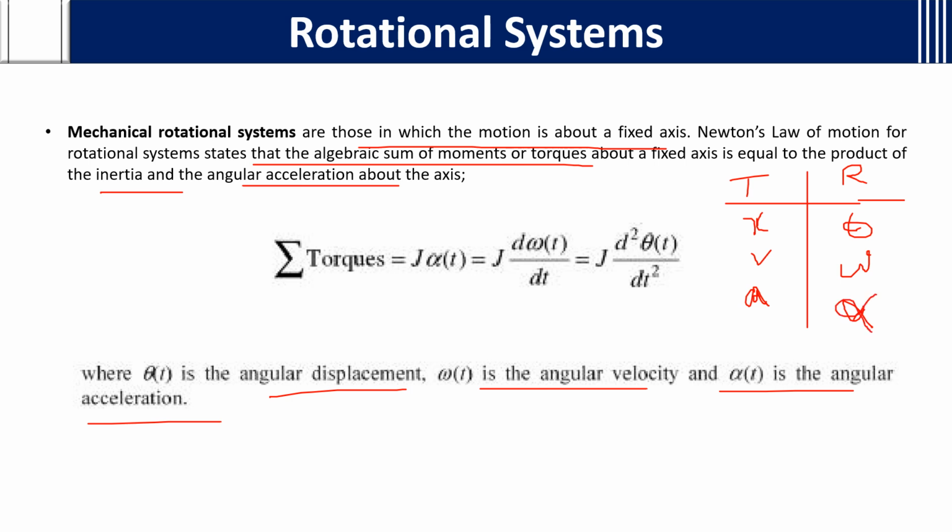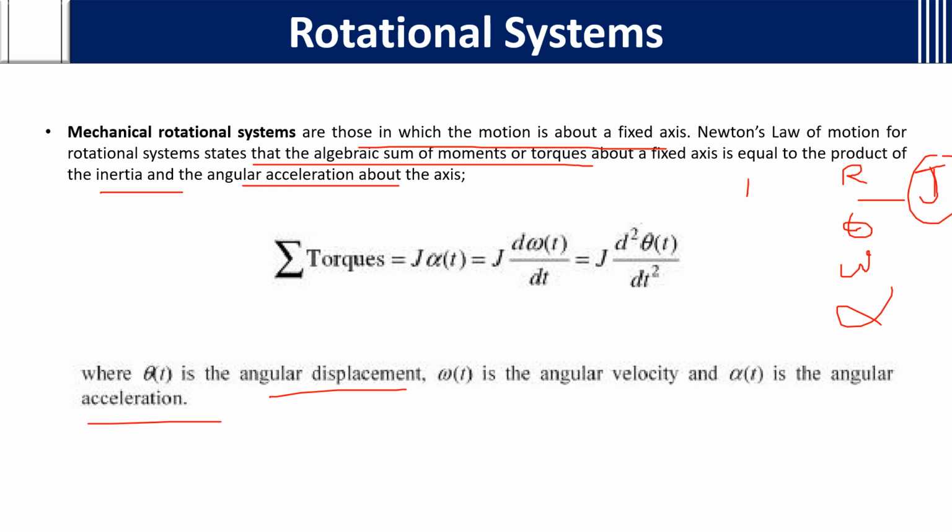And one more difference: here we consider the mass of the element, and here it is the moment of inertia, that is J. You need to remember these differences and write the equations accordingly, based on the given question.